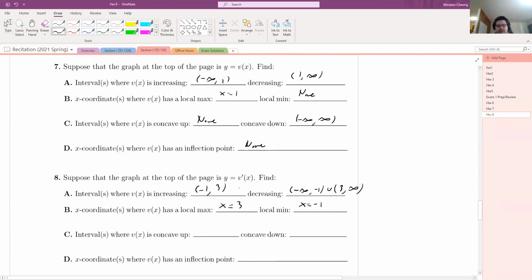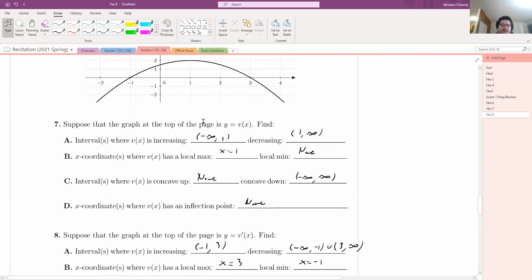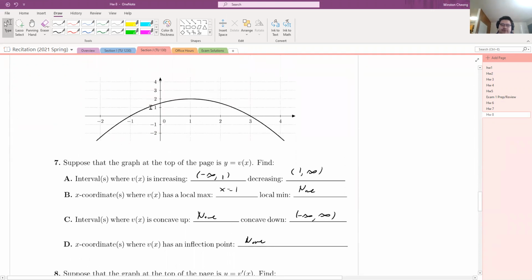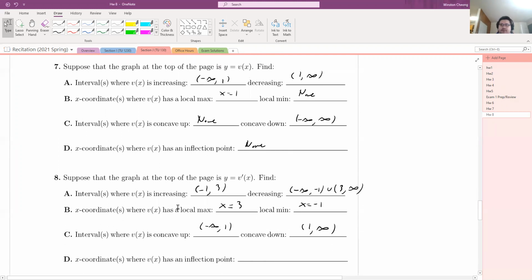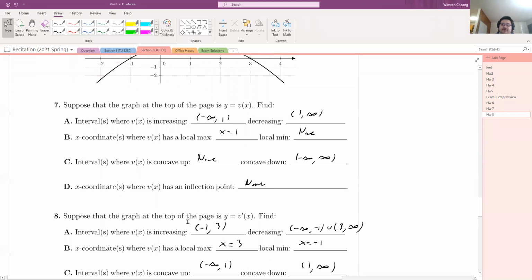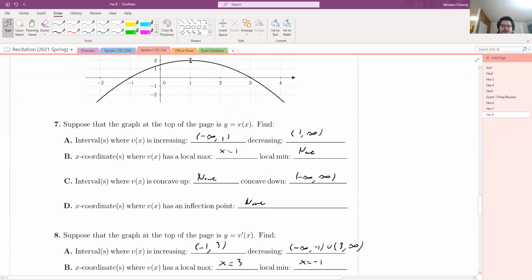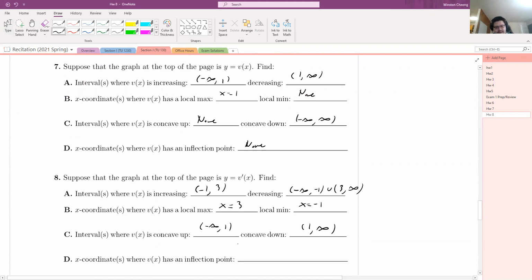So that's when the function is concave up, minus infinity to 1, and concave down will be from 1 to infinity. All we're doing is taking yet another derivative on top of this graph, and checking when it is positive and when it is negative. Inflection point, well, that's when the second derivative is equal to 0. So that's going to happen right there at x equals 1.